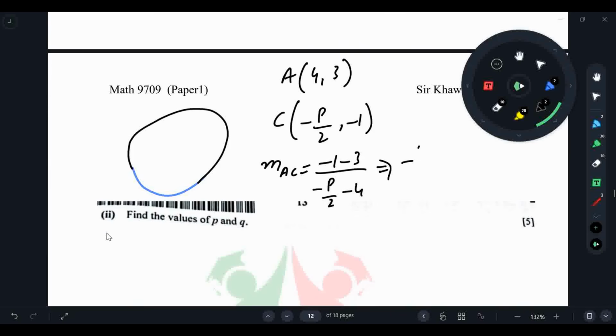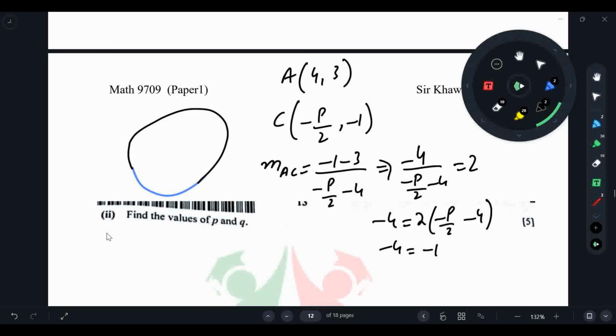So this will be minus 4 divided by minus p by 2 minus 4 is equals to 2. Now if we cross multiply, this will be minus 4 is equals to 2 into minus p by 2 minus 4. So minus 4 is equals to minus p minus 8. Now from here we can simplify it like this. Add 8 to minus 4, so p will be equals to minus 4.